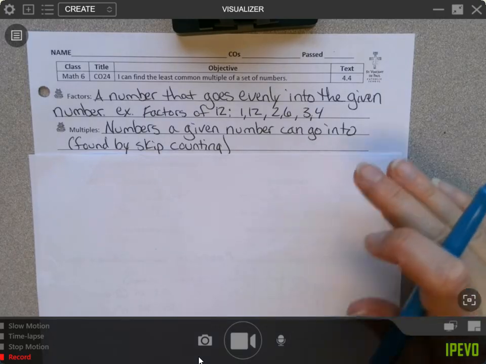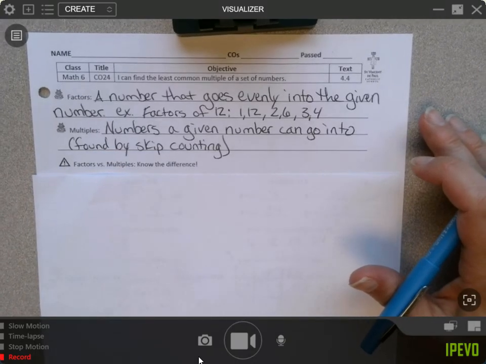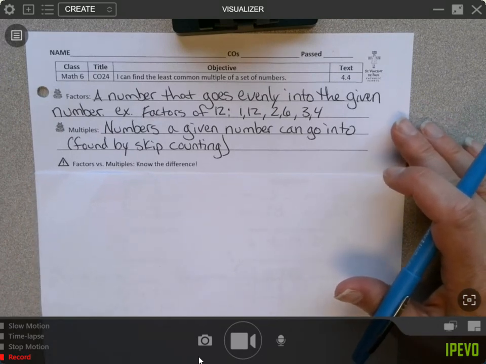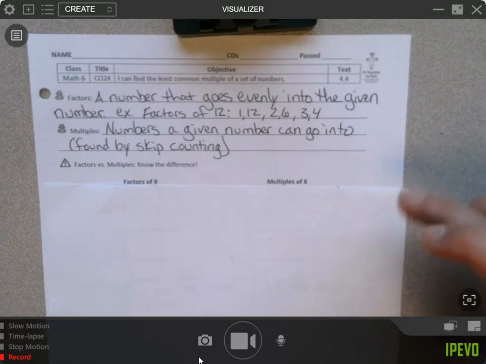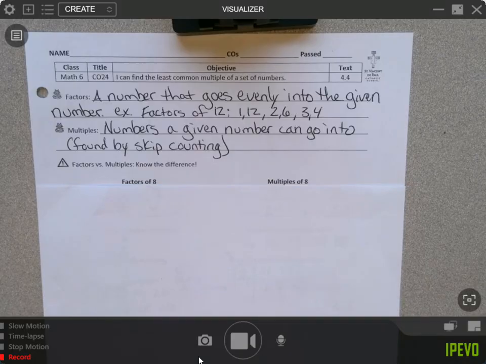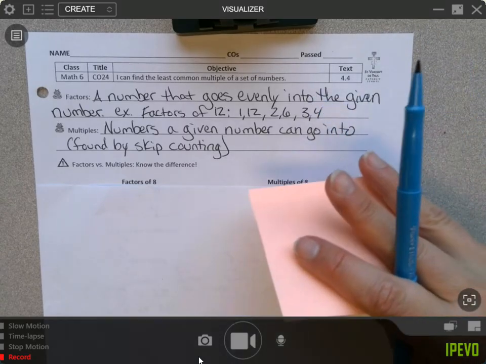So let's look at factors versus multiples because we need to know the difference. If we have factors of 8 versus multiples of 8, for the factors of 8, we would want those numbers that go evenly into 8, their factor pairs.